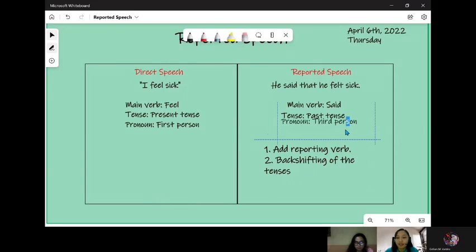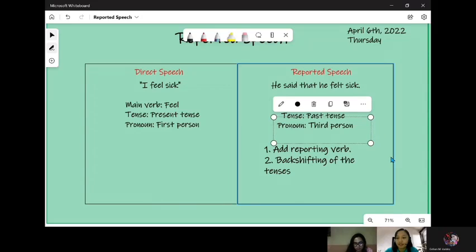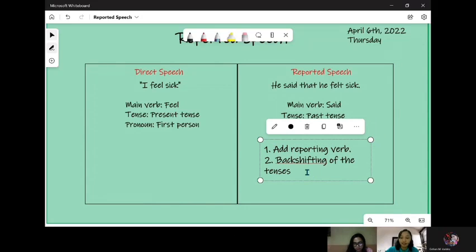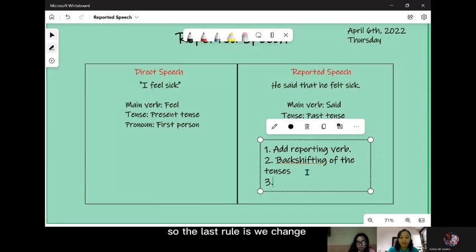So the last rule is we change the pronoun.